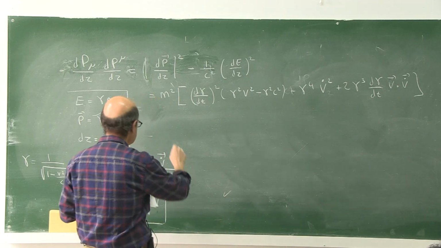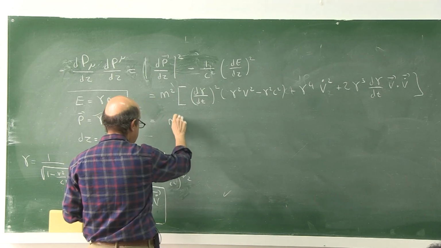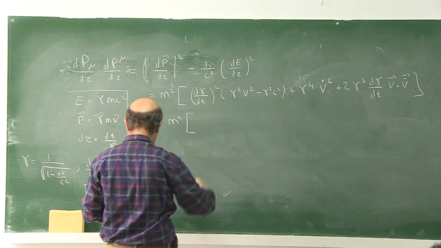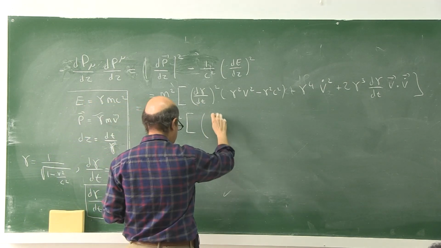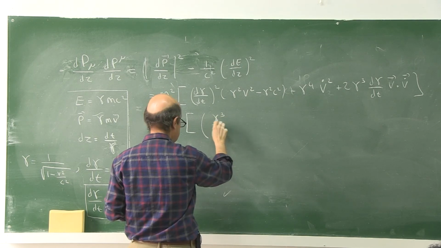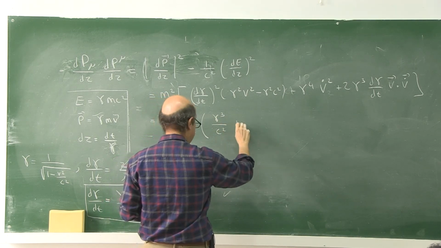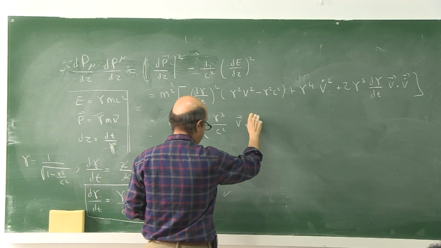Now that means that we have m square d gamma over dt square of this term, gamma cube c square v dot.